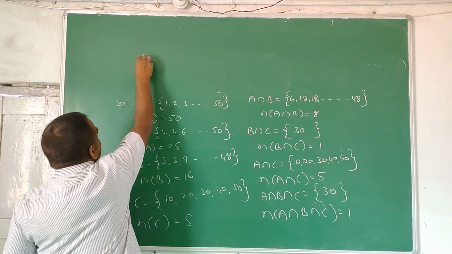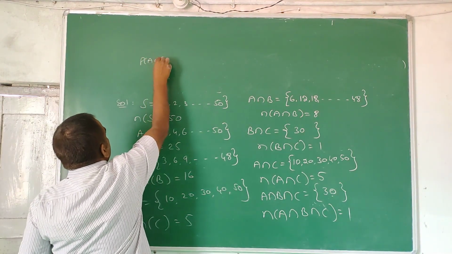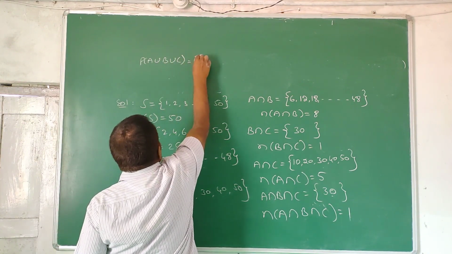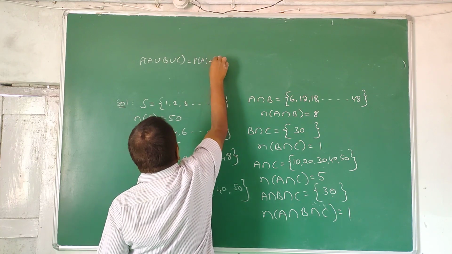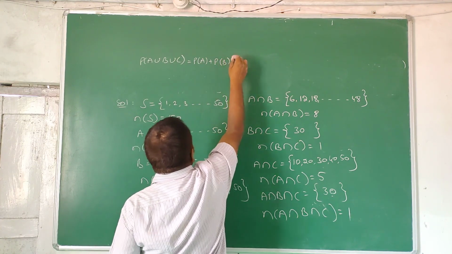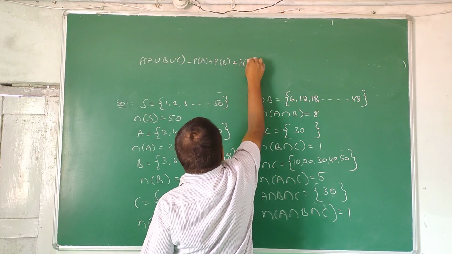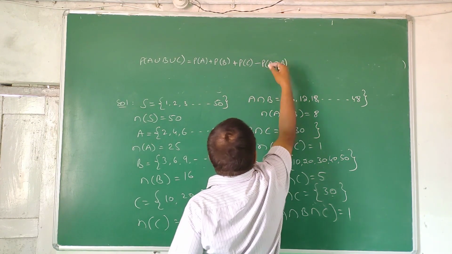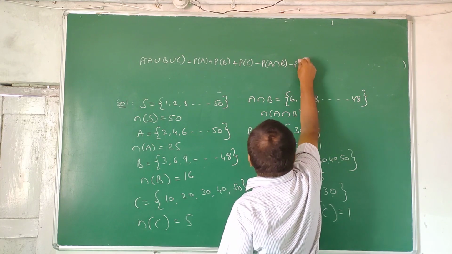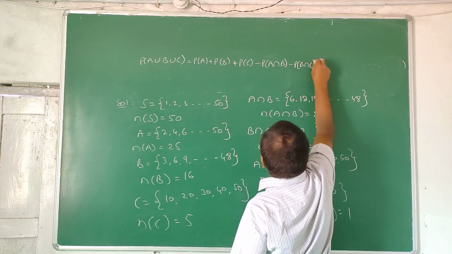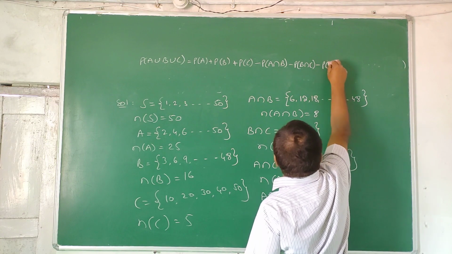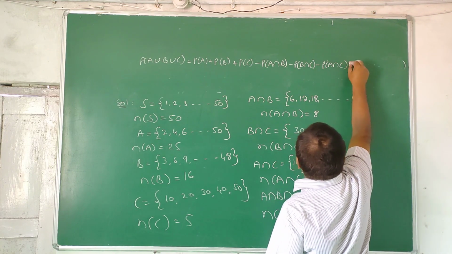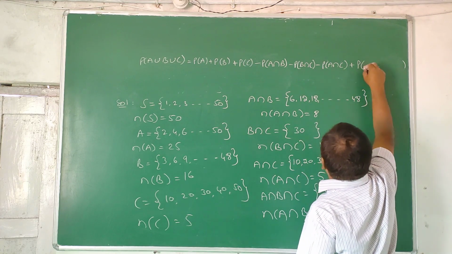Now P(A union B union C) is equal to, the formula you know, P(A) plus P(B) plus P(C) minus P(A intersection B) minus P(B intersection C) minus P(A intersection C) plus P(A intersection B intersection C).